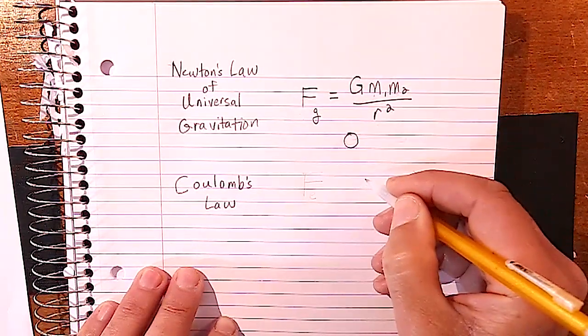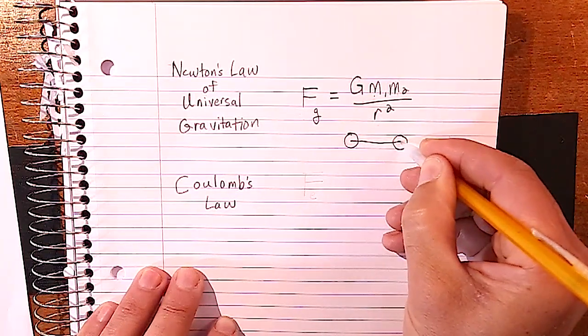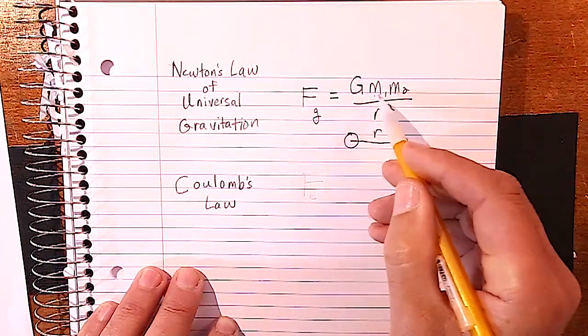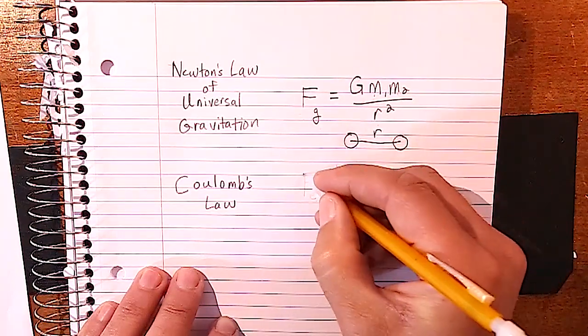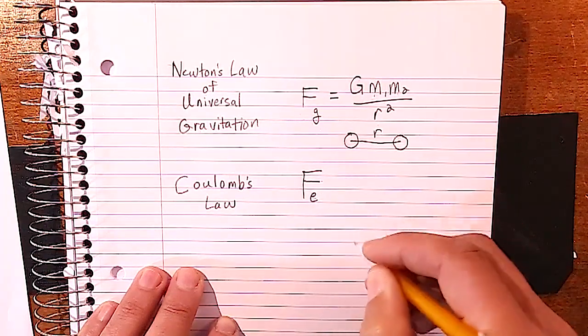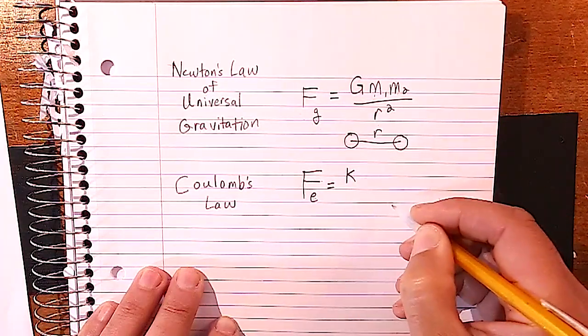So if we have mass 1 and mass 2, that distance r is the distance from center to center between them. So if any two objects that have mass have a force of gravitation between them, then there is a force of electrostatics that acts between any two objects that have charge.